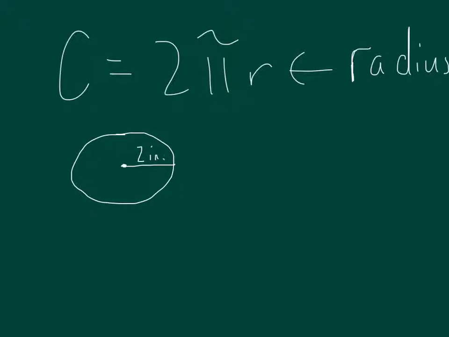We would use the second one here because the second one gives us the radius. And this picture gives us the radius. So let's plug it in. C, which is the circumference, equals 2 times pi times 2. Because 2 is the radius.